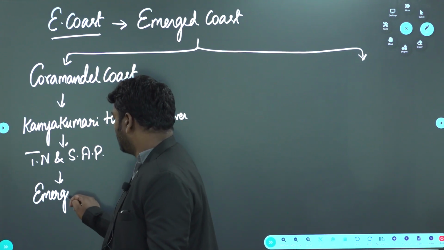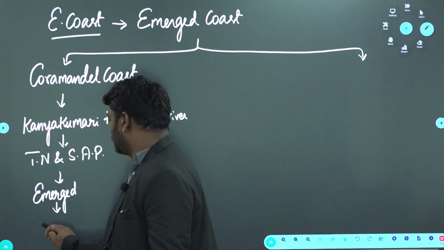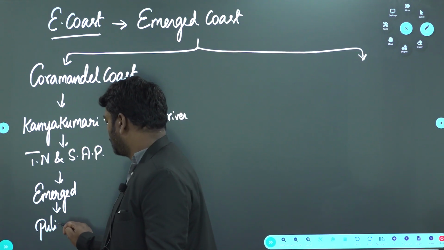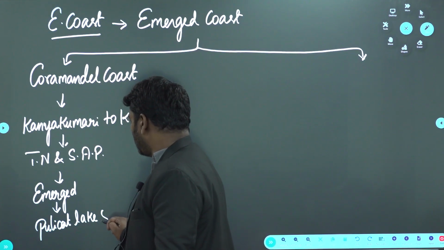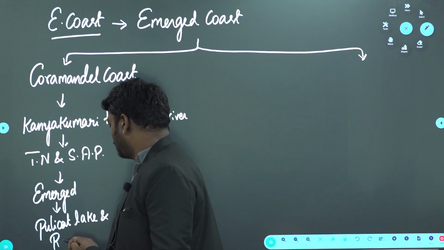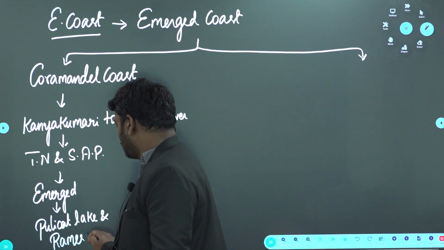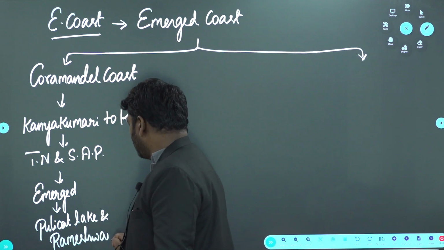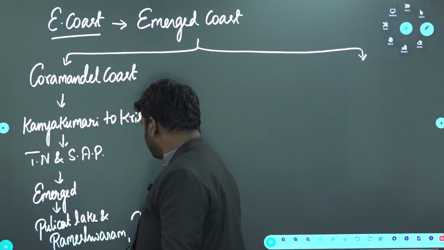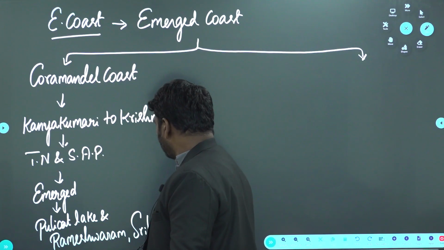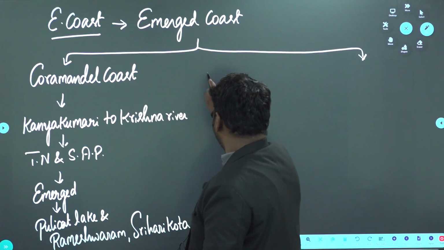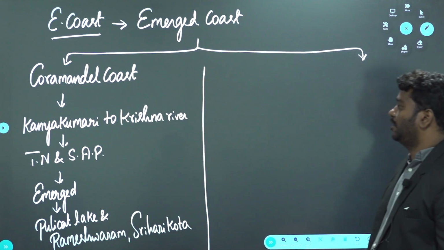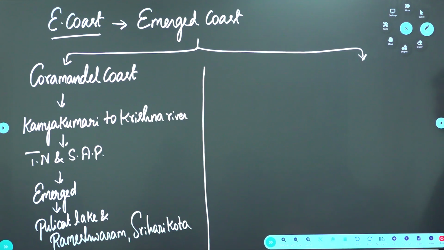It is emerged coast. Pulicat Lake and Rameshwaram, Sriharikota are part of this region.